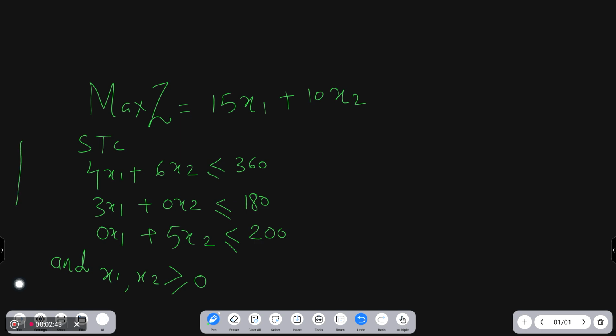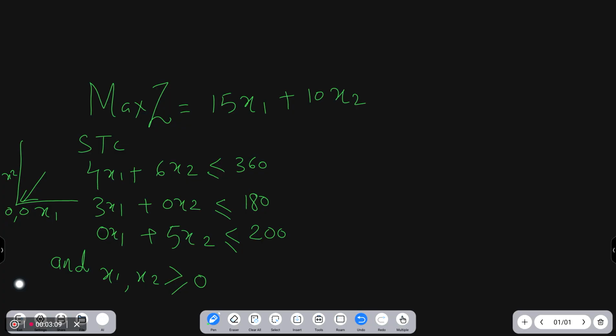Definitely, in the last lecture, I explained that with x1 and x2, the region will be completely towards the origin. This is the idea you will get if you observe the nature of the problem.